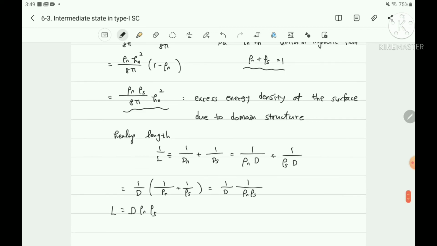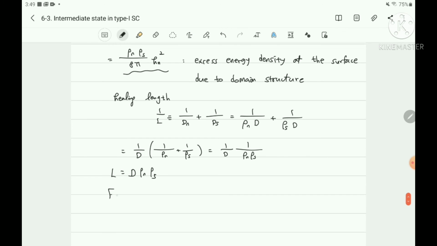Therefore, from this, we can write down the excessive surface energy. The excessive surface energy is the healing length, the effective surface between the superconducting and the normal domain, and because there are two sides, up and down, therefore 2, and here rho n rho s over 8 pi Hn square.